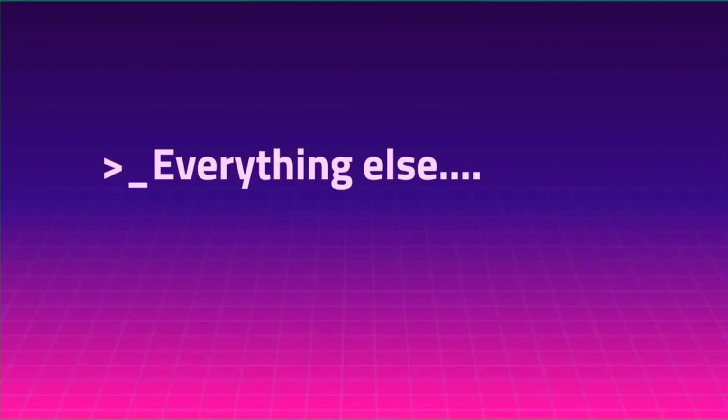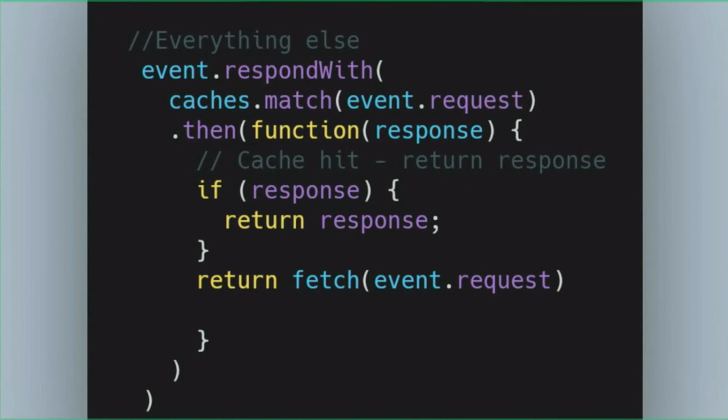Besides that, what if I don't want to check for a website, HTML page, or any image? We can also catch everything else. Every part of the code that I'm showing you here is part of our service worker. Remember that. We're going to have a service-worker.js, and we can put this code over there.